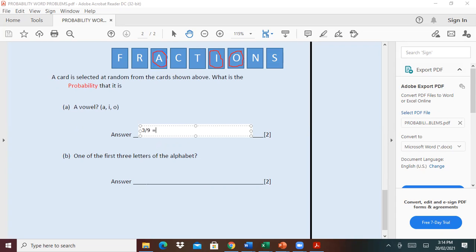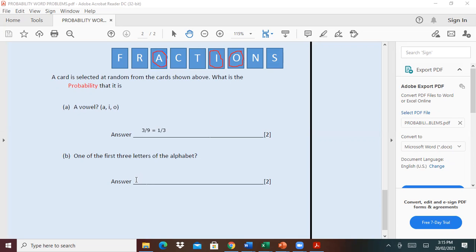But we can simplify that, right? We can write that in lower terms. We can do that by dividing both numbers, our numerator and our denominator, by the factor 3. 3 divided by 3 gives us 1, and 9 divided by 3 gives us 3. So our answer is 1 over 3.